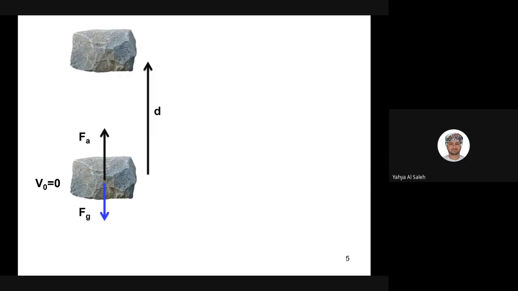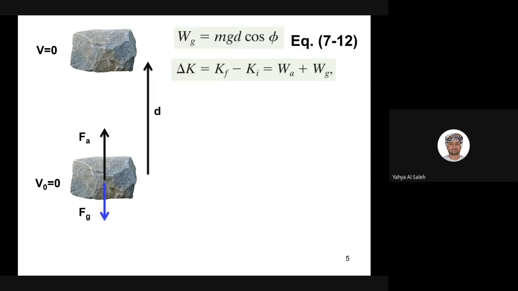So if I start at velocity not equal to 0, move the rock up and then stop it. So initial velocity 0, final velocity 0. And we said that the change in kinetic energy is equal to final kinetic energy minus initial kinetic energy.